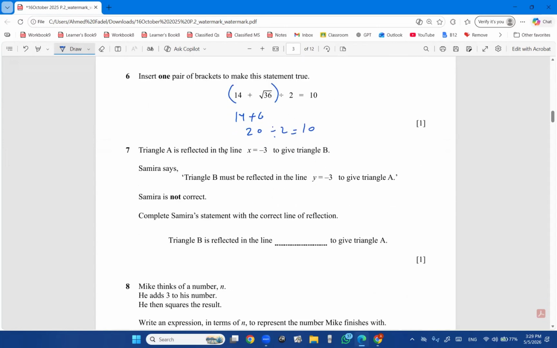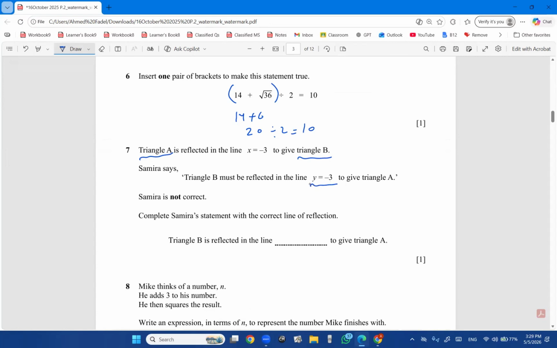Triangle A is reflected in the line x equals negative 3 to give you triangle B. So A is reflected through x equals negative 3 to give you triangle B. Samira says triangle B must be reflected in the line y equals negative 3 to give triangle A. So she's saying that to get back to triangle A from triangle B, you must reflect it through y equals negative 3.